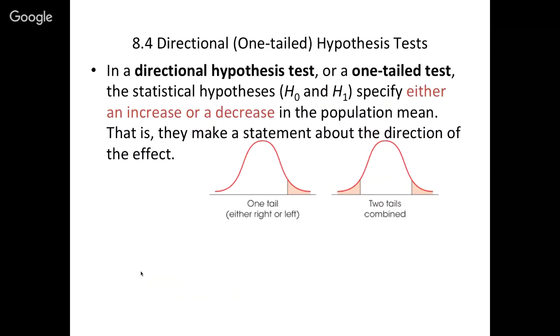I will introduce the directional hypothesis, also called the one-tailed hypothesis test. A directional hypothesis test, or one-tailed test, is a hypothesis test that specifies either an increase or a decrease in the population mean as a treatment effect.